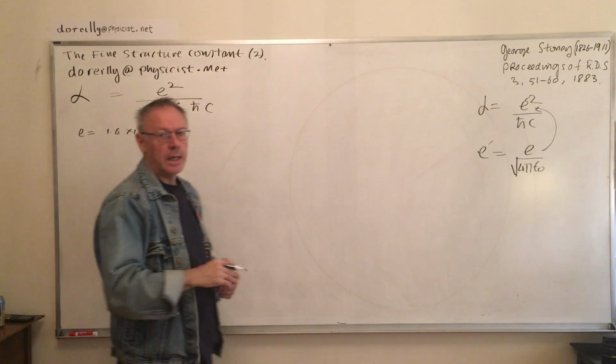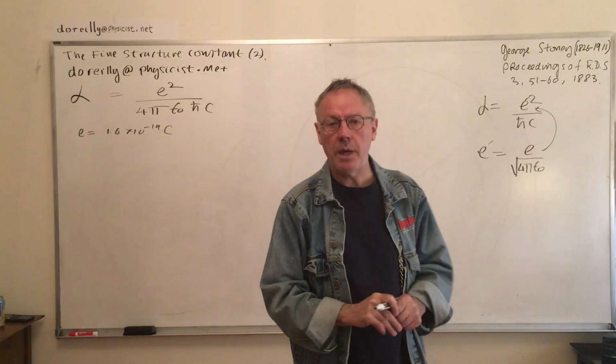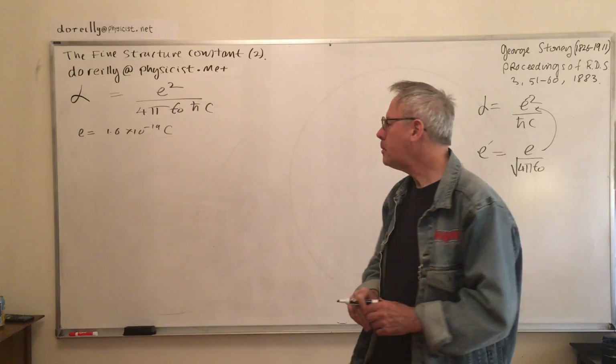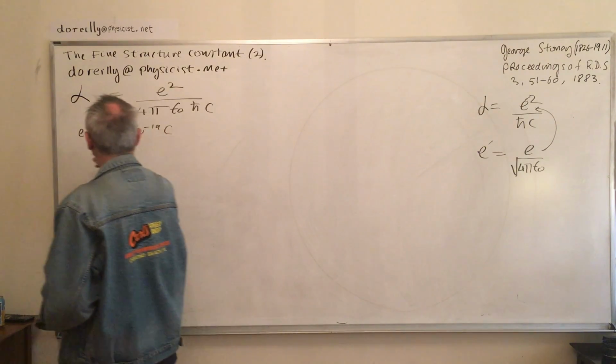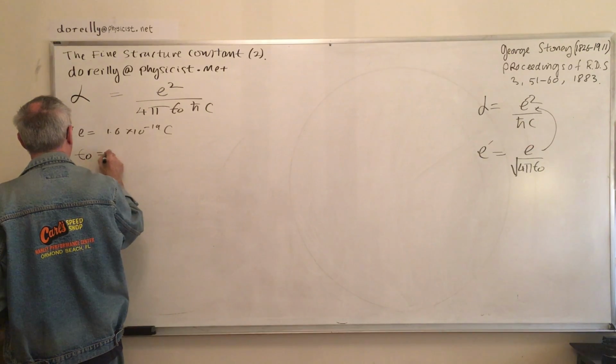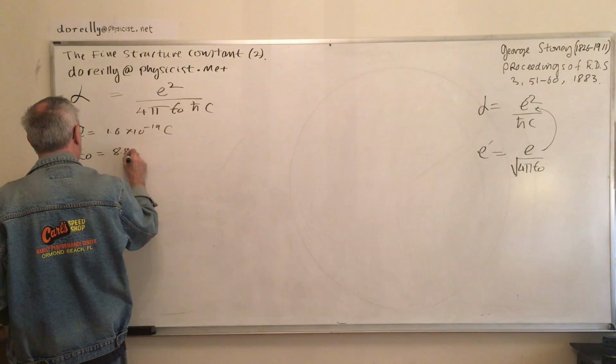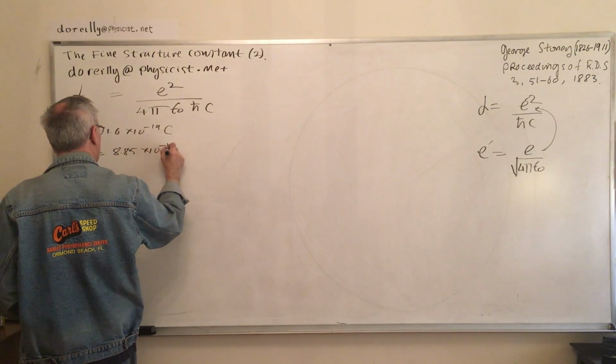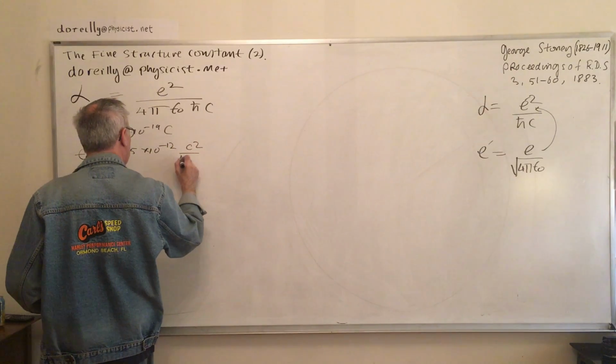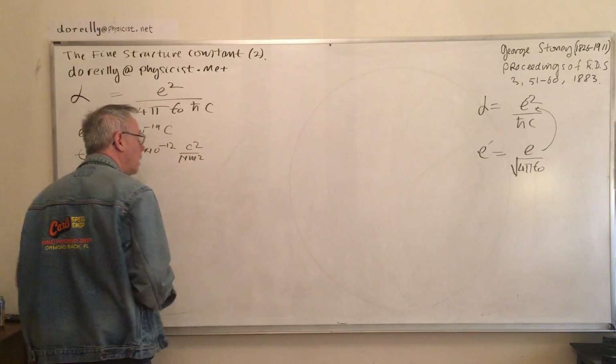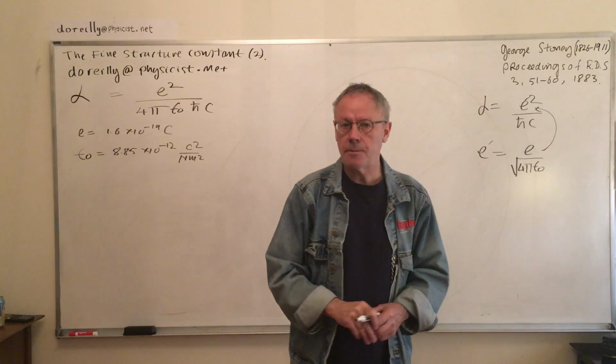e is the charge on the electron, 1.6 times 10 to the power of minus 19 coulombs. Epsilon 0 is the permittivity of free space.